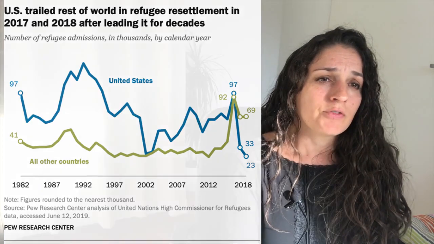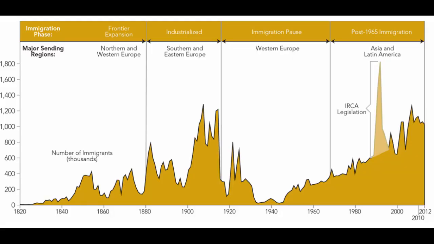Now, one final graph that I want to show you that I think really nicely summarizes what we have been talking about in this video on the history of migration to the United States is this overview of migration from 1820 to 2012. This is from Martin's work in 2014. Here you can see very clearly the different trends in migration. In the early phases from around 1820 to 1880, it was mainly Northern and Western Europeans coming to the United States.